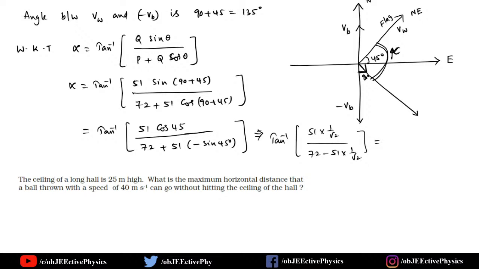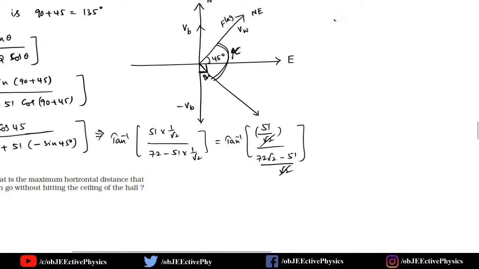That is equal to tan inverse of 51 by root 2 divided by (72 root 2 minus 51) divided by root 2 in the denominator. The 1 by root 2 terms cancel.